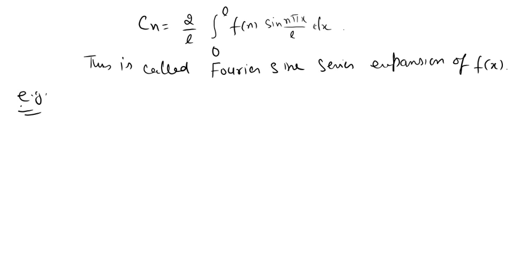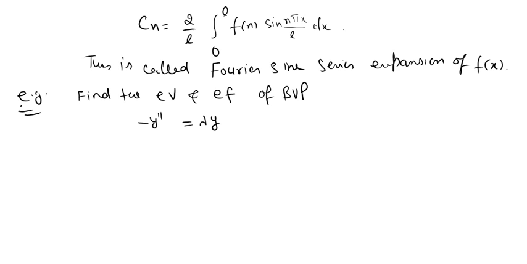So now I am taking one more example. This is a similar problem. So the question is to find the eigenvalues and eigenfunctions of the boundary value problem: minus y double prime equal to lambda y. This is a Sturm-Liouville problem. Now you have conditions on the derivative: y dash 0 is 0 and y dash at L is also 0.